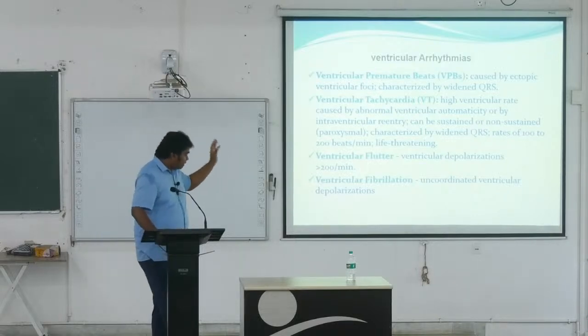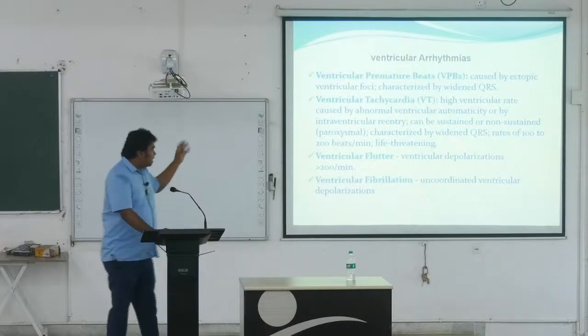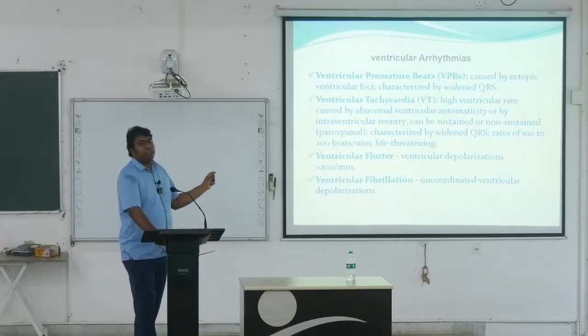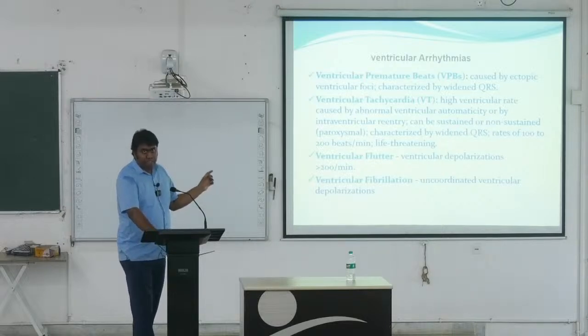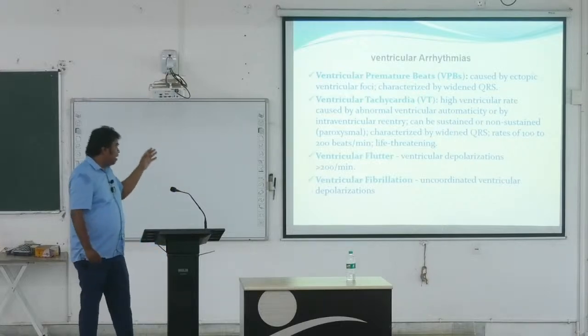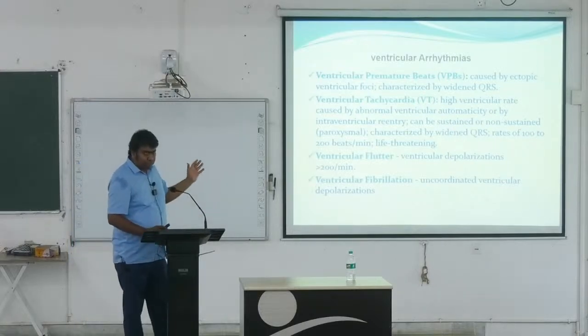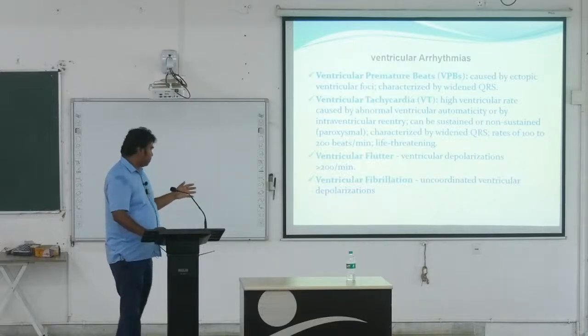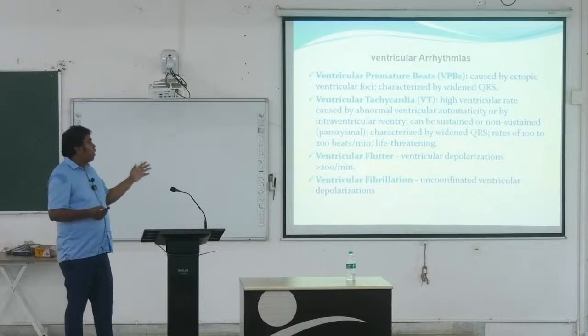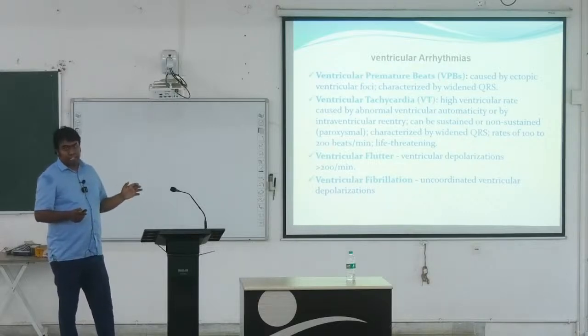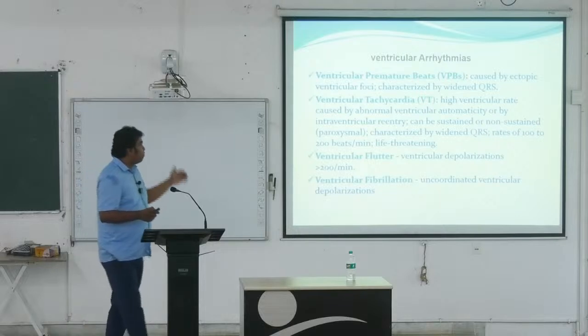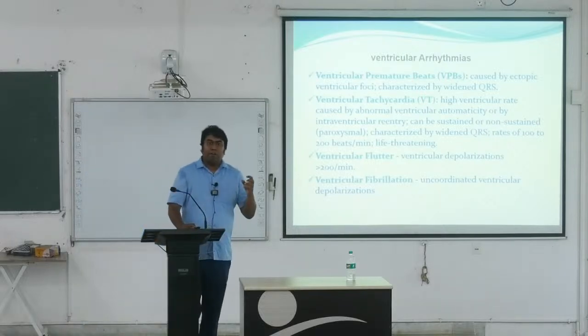Ventricular tachycardia is due to generation from the ventricle as well as transmission, and it is also a wide QRS complex. Then ventricular flutter, where the ventricle contracts more than 200 times per minute, and uncoordinated ventricular depolarization leads to fibrillation. Ventricular flutter, fibrillation, ventricular tachycardia, all are medical emergencies.